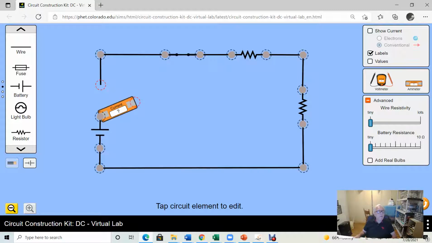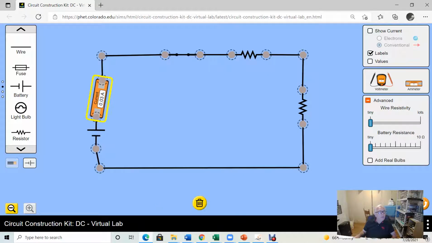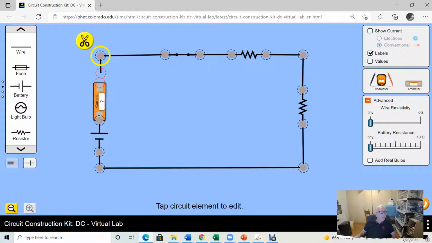Let's see if I can rotate it now. How do I rotate it? Here you go. Right in there. That's the ammeter.